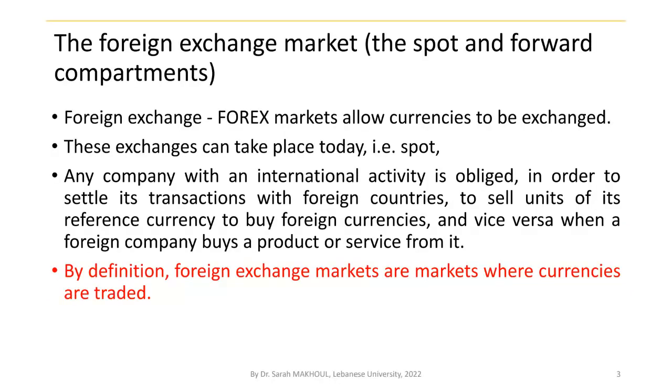So I will start with the foreign exchange market. It's called the forex, and it allows currencies to be exchanged. So this is the market where you can take orders for exchanging currencies. When we talk about the spot, you take action for today's transactions.